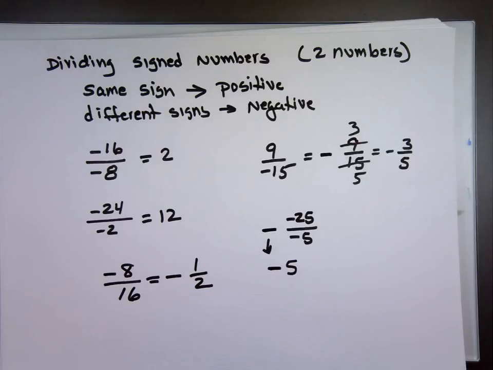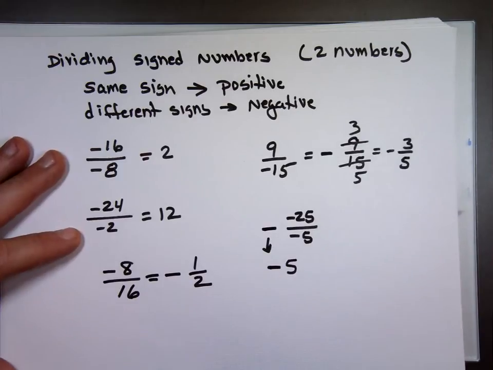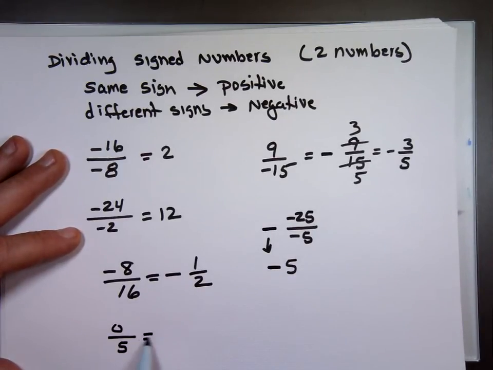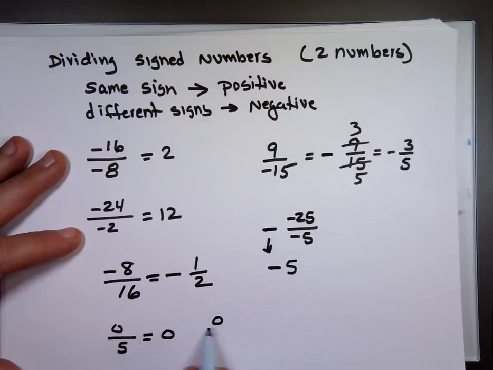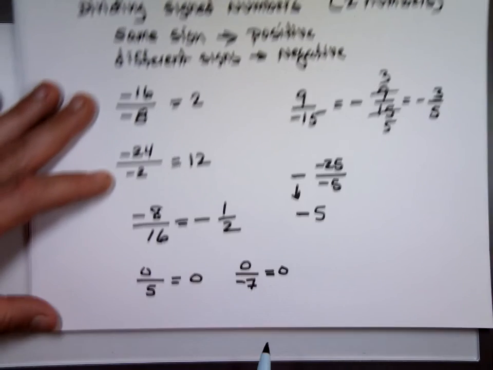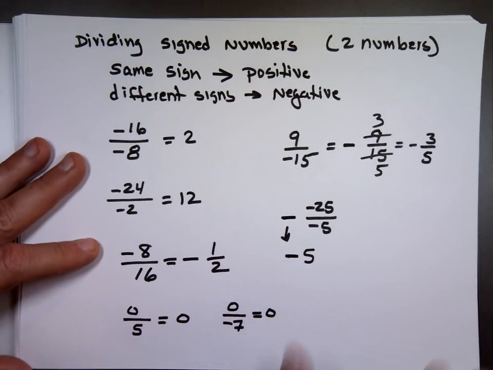We should know a few things about division here. Our book is not saying them. Just remember, 0 divided by 5 is what? 0. 0 divided by negative 7. 0. The book doesn't talk about these, but just a refresher there.